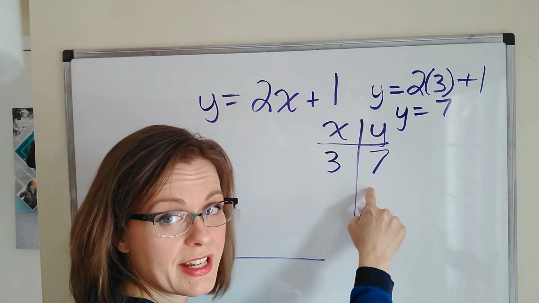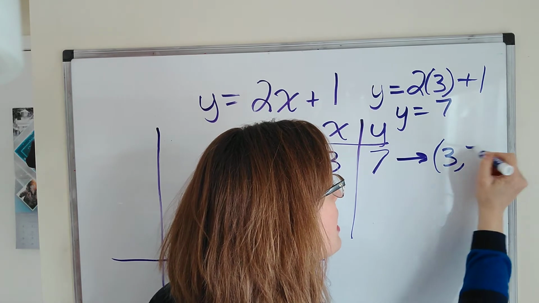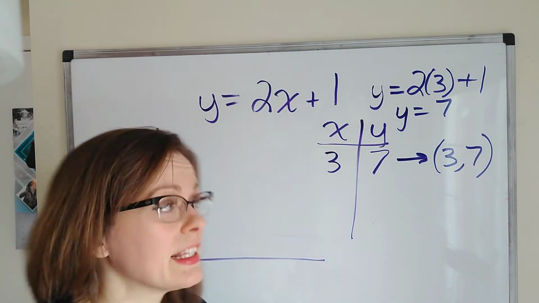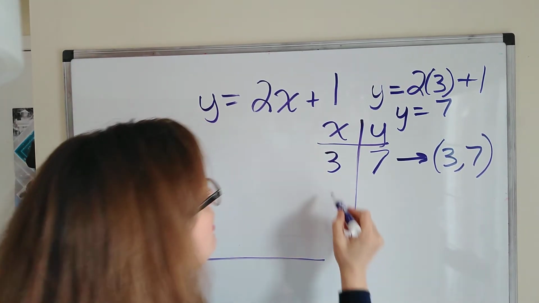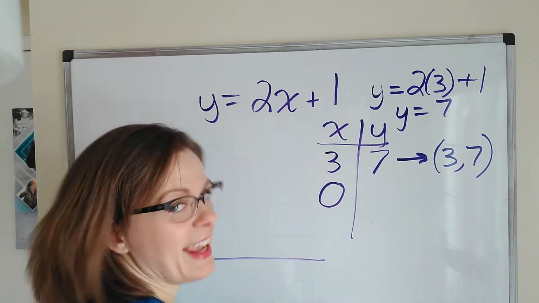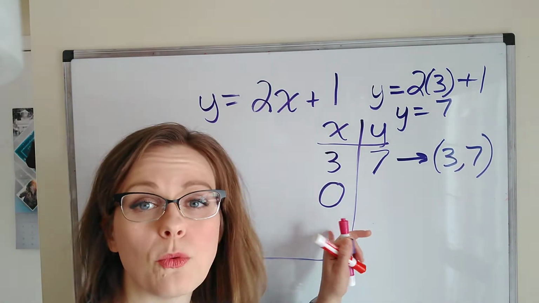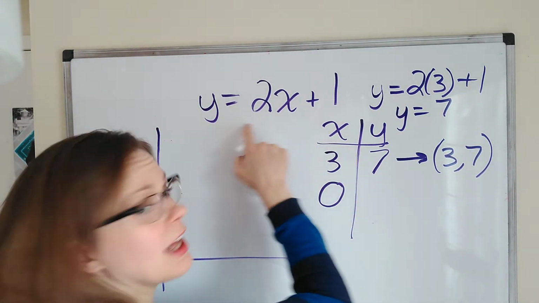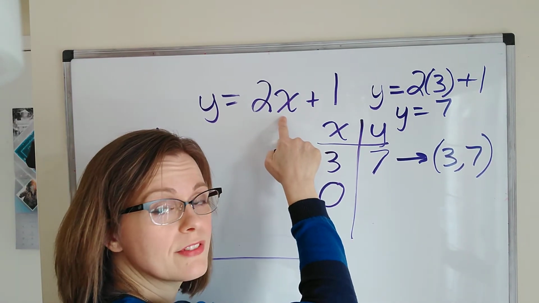Now, this information corresponds to the ordered pair 3, 7. But I need at least 2 points to make a line, so I need to find another point using my t-table. I like to work with 0 when I can, just because it's a nice easy number to multiply or add. So I'll figure out what y is when x is equal to 0. I'll plug in 0 where x used to be in this formula for the line.